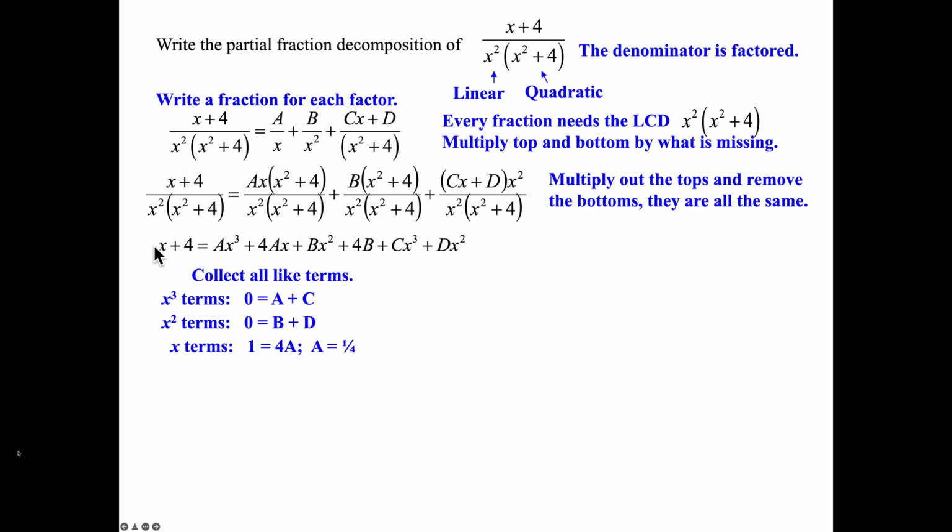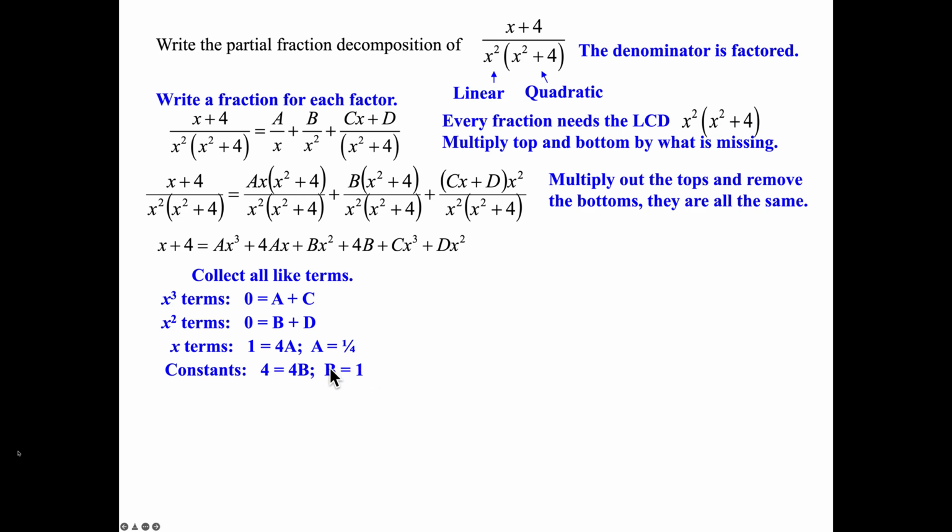X to the first, we have a 1 out in front there. So 1 has to be equal to 4Ax. There's no other x term, so let's just solve for A right now. A is equal to 1/4. And our constant 4 is equal to 4B. And we can go solve for B right away.